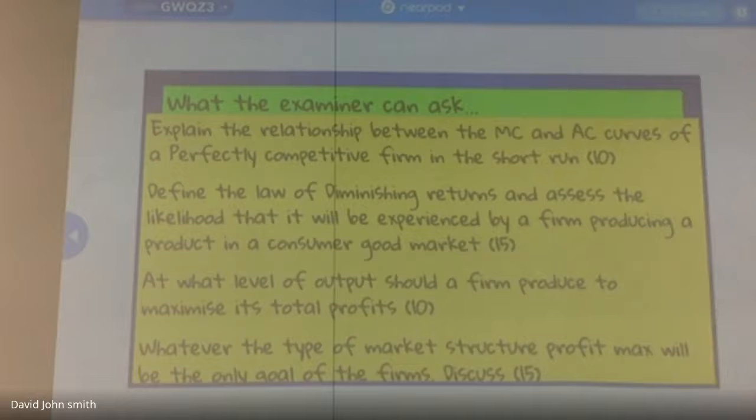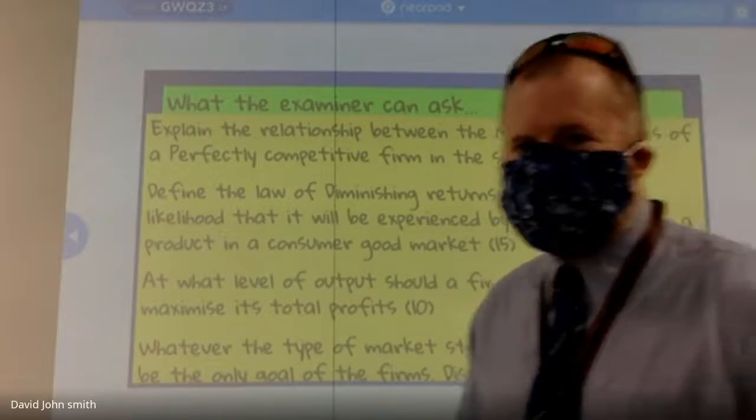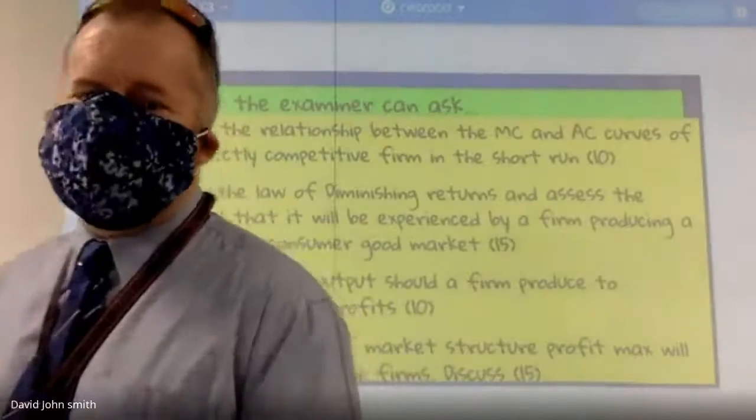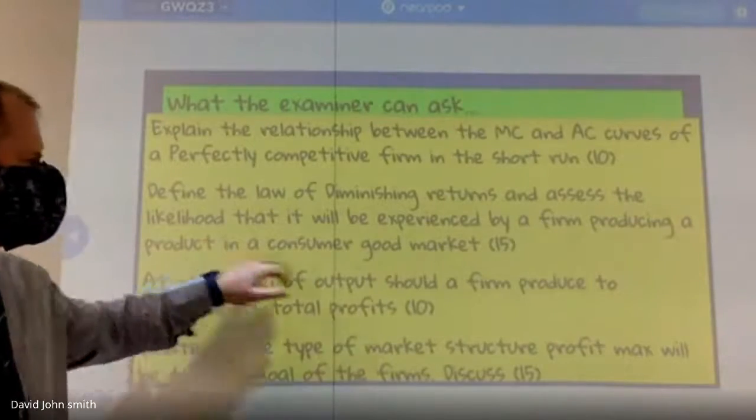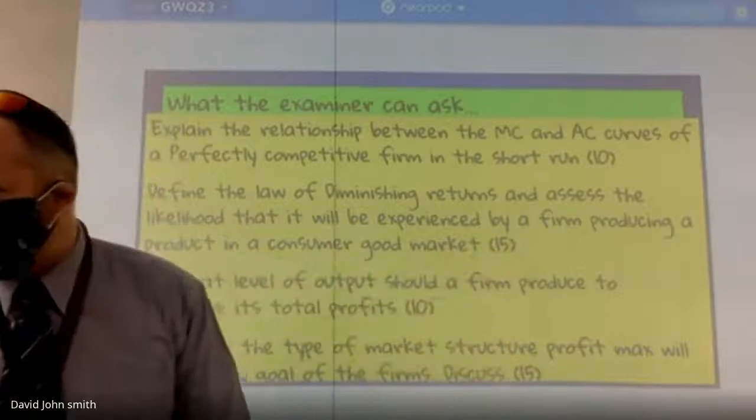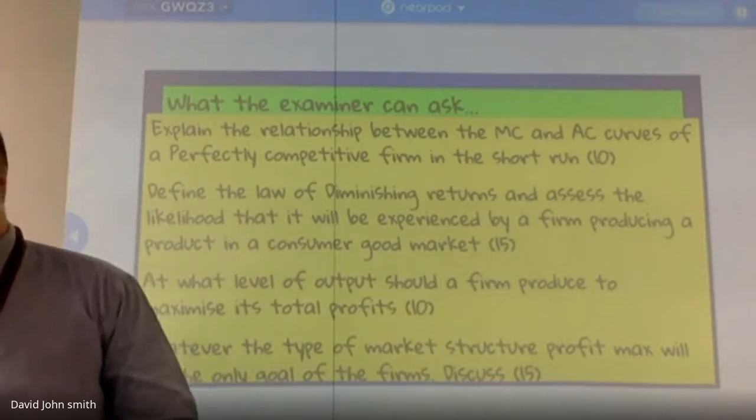Defining the law of diminishing returns and assessing the likelihood that it will be experienced by a firm producing a product in a consumer good market. Woo! What a question. Now, that is an evaluative question. It's up to 15 marks. Far too challenging a question, to be perfectly fair. I would really hope the examiner would not put that in.